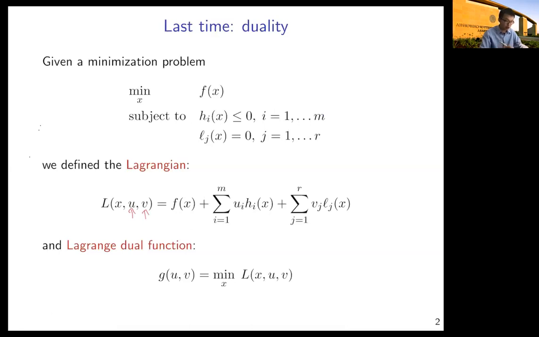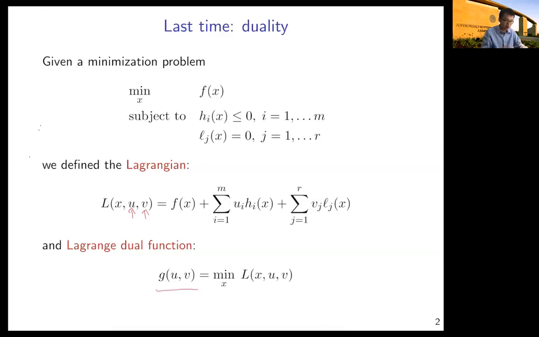We apply each Lagrange multiplier to one of the constraint functions and add everything up. So first convert everything into the general minimization problem, construct the Lagrangian, and then get rid of the primal variable x by taking the minimization, and it becomes a function of only the Lagrange multipliers u and v. That gives us the so-called Lagrange dual function.